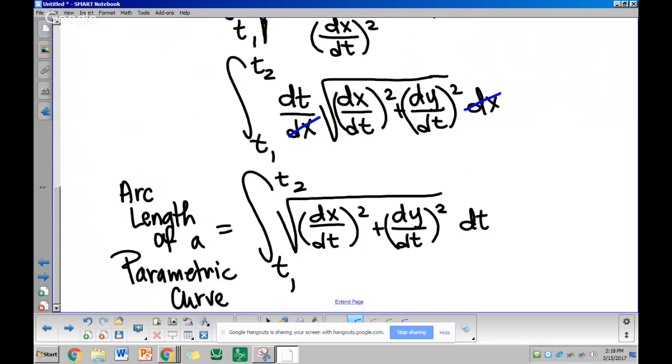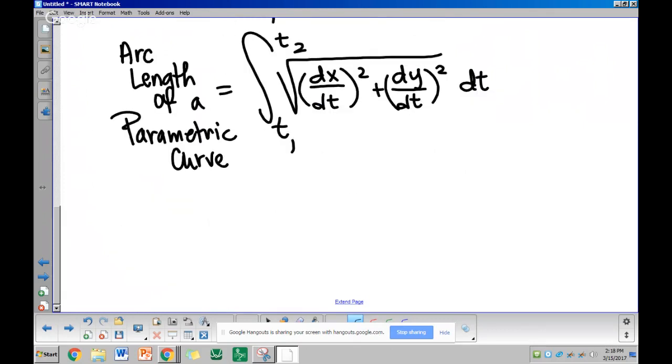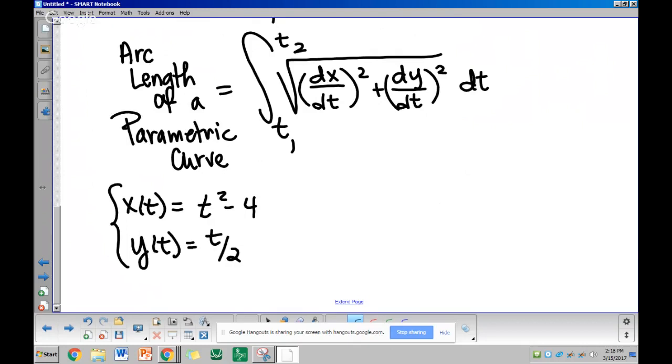So we're going to try to find the arc length of the curve that we have. What was our curve? We said it was x of t equals t squared minus 4. I'll try to remember that accurately. And y of t, which was t over 2.